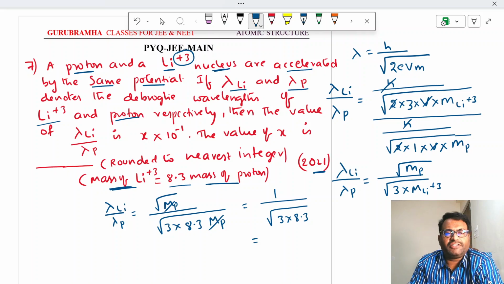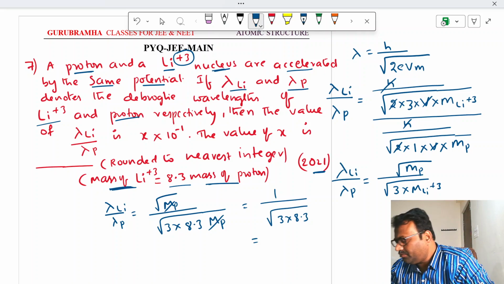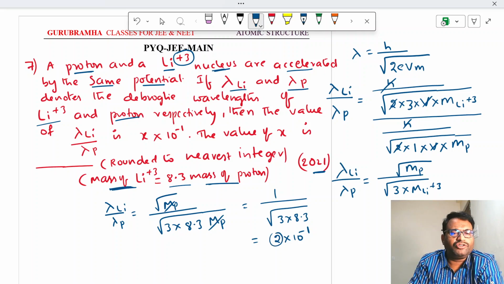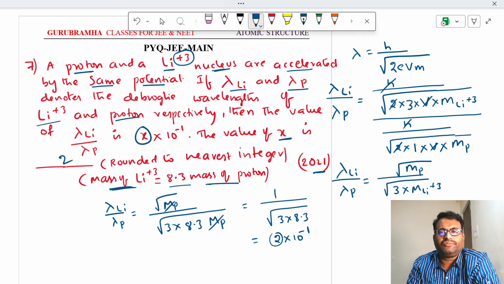So what will be the answer? If you calculate that, you will get approximately 2 into 10 power minus 9. So our answer is 2. X is asked. So the value of X is 2.